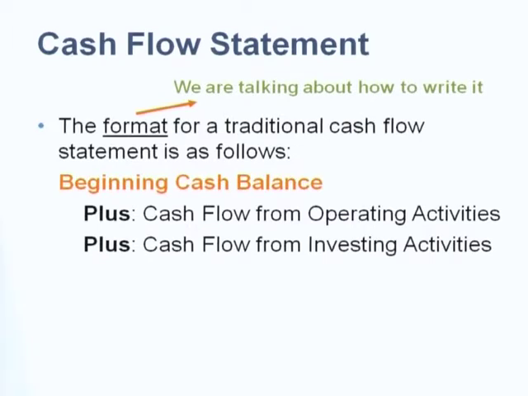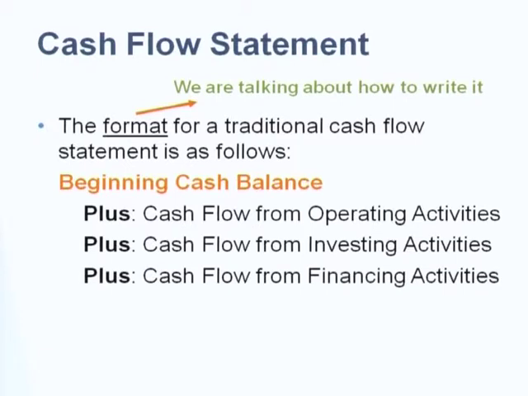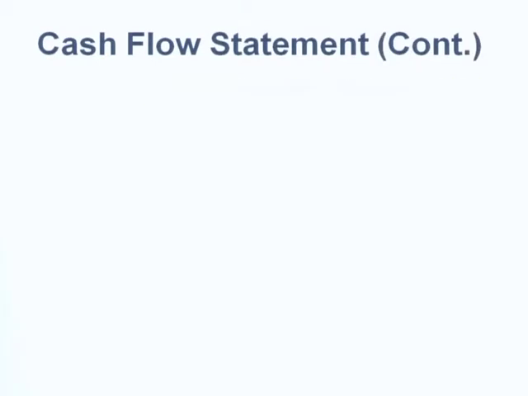We start from the beginning cash balance, plus cash flow from operating activity, plus cash flow from investing activity, plus cash flow from financing activity, equals ending cash balance, because we want to see in deep detail why the firm used the cash for or received the cash from, for the three major activities: operation, investment, and finance, so that we know what's going on.